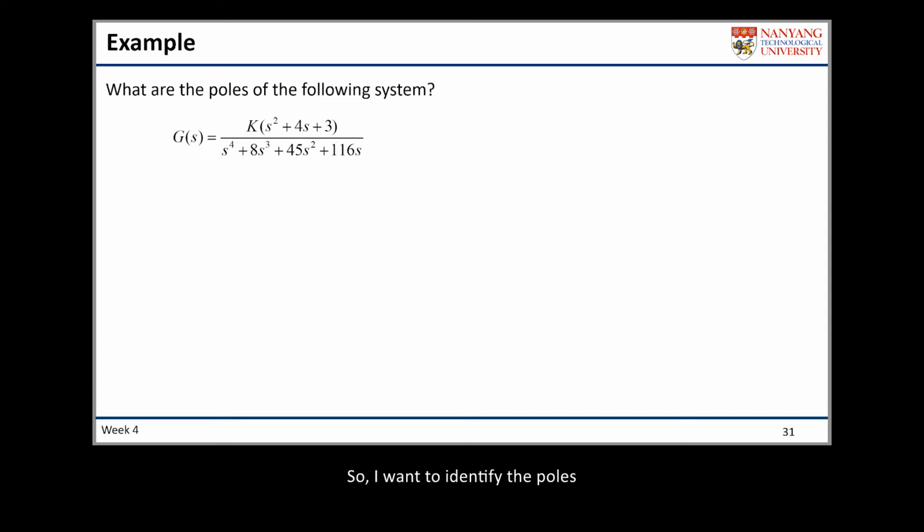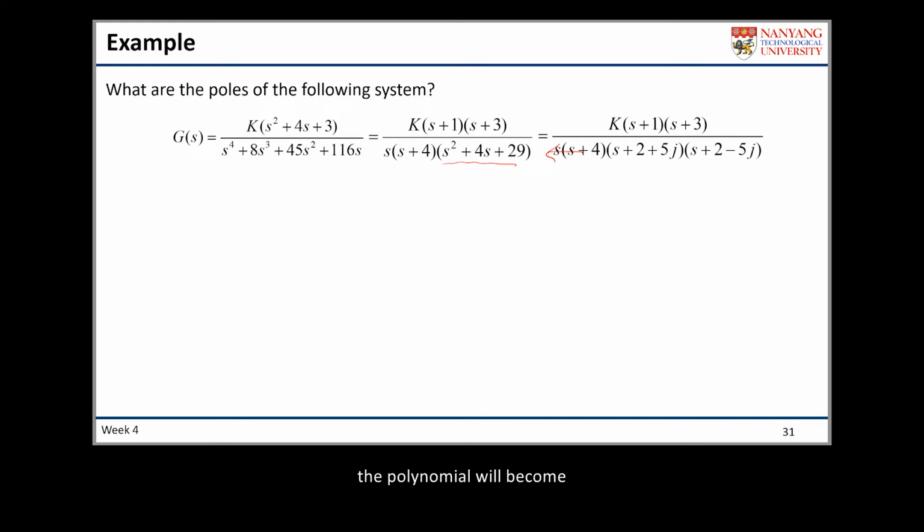I want to identify the poles of this system. What should I do? I need to factorize the denominator. After I factorize it, the denominator will be s times s plus 4 times s squared plus 4s plus 29. I still have a second order polynomial in this part. If I factorize it further, the polynomial will become like this.